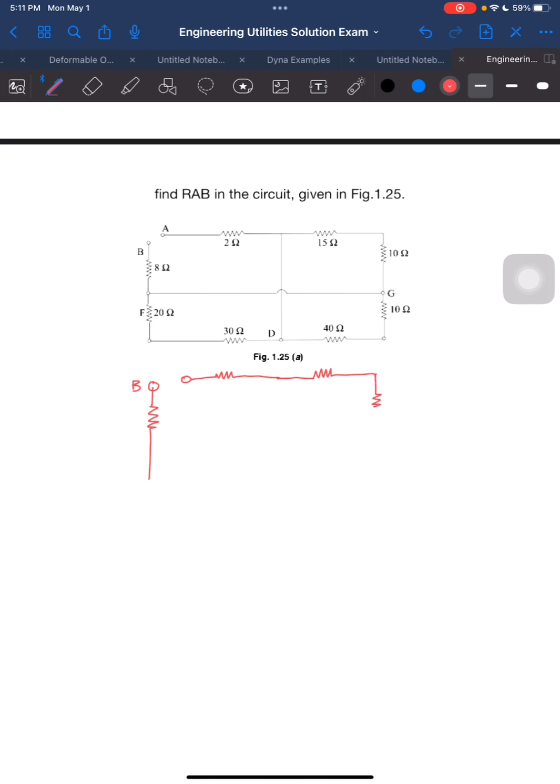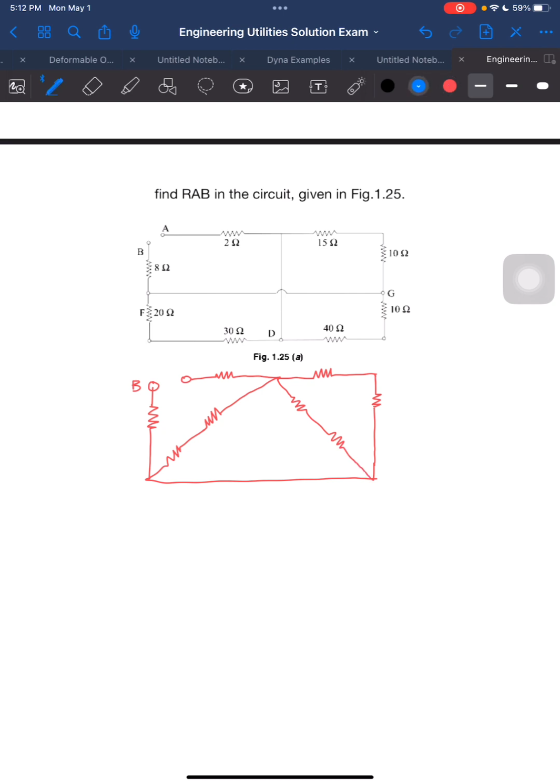Ito yung 10. Next ay diretso na ito hanggang doon din. Pati ito. Tapos, ito na yung 20 ohms. Ito yung 30 ohms. Tapos, ito yung 40 ohms. 10 ohms.